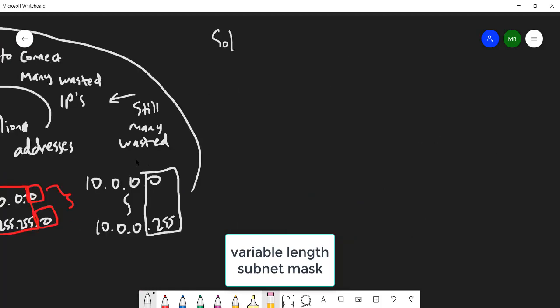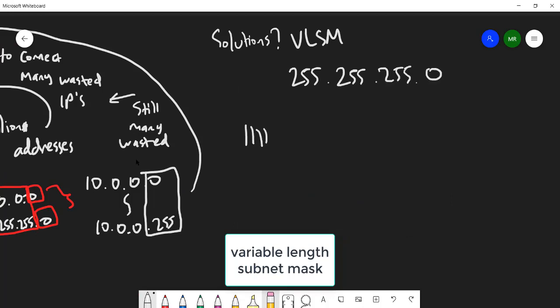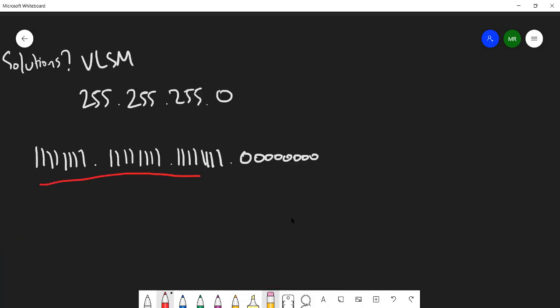The answer is VLSM, which stands for Variable Length Subnet Mask. It goes like this. We have a class C subnet mask, convert it into binary and see how many host bits are left.